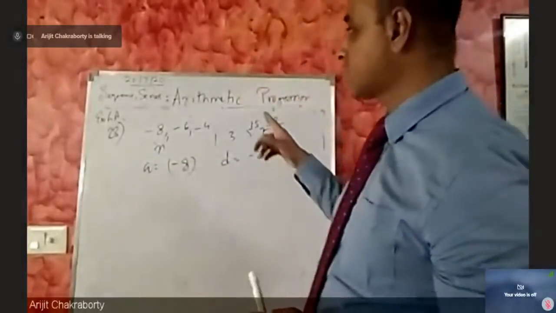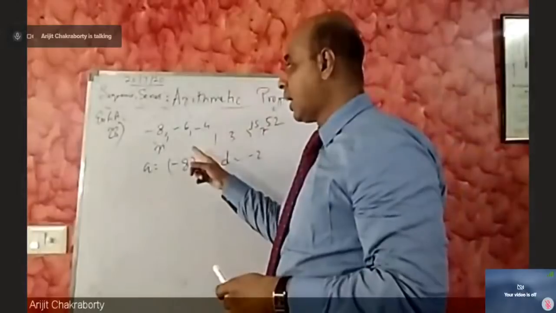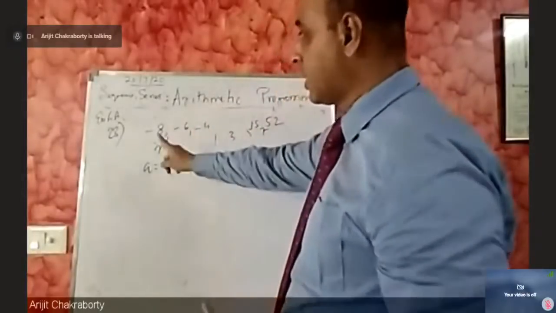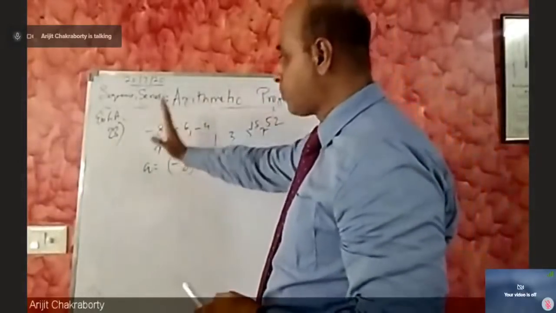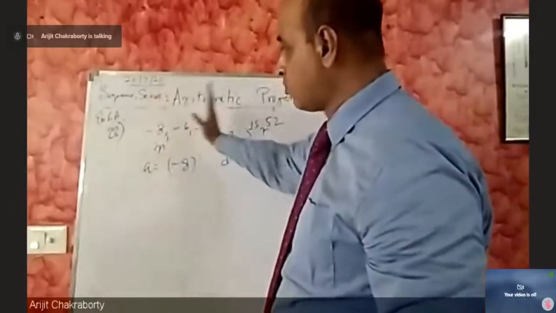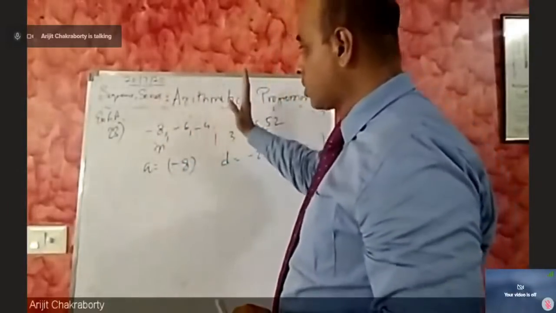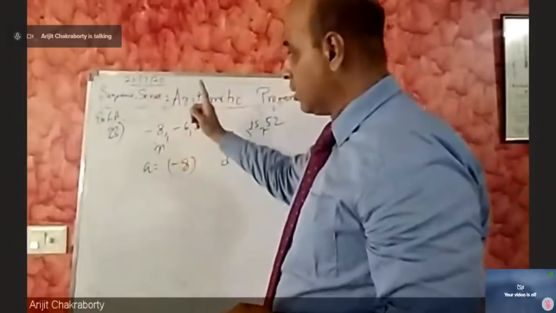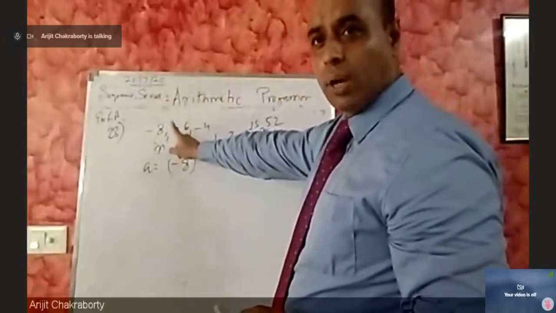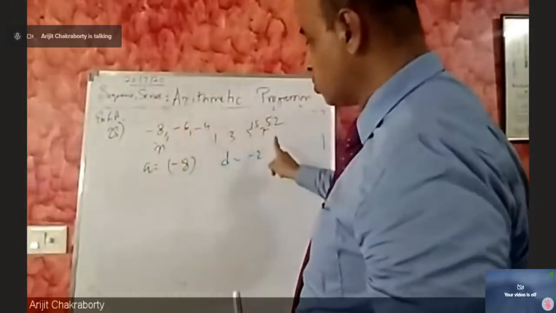So first term is minus 8, and how is it increasing? The difference is basically plus 2, because minus 8 plus 2 gives you minus 6. So the common difference D is 2.